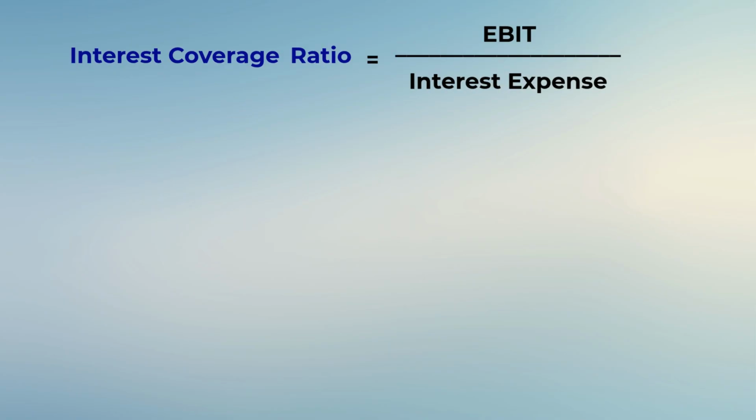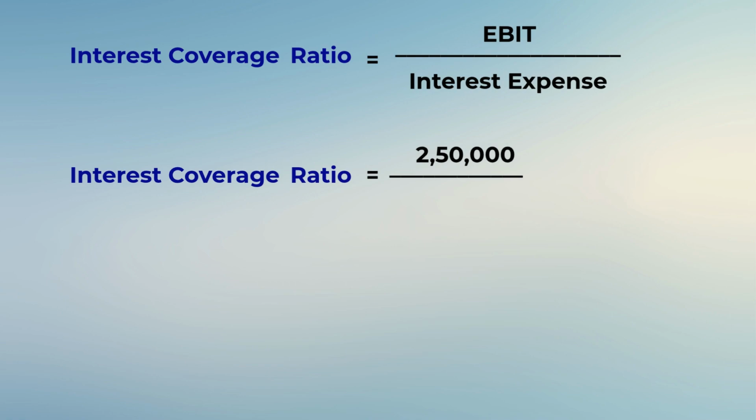Therefore, in our example, the interest coverage ratio will be 2,50,000 divided by 50,000, which is equal to 5 times. This means the company earns 5 times its interest expense, which means the company has a strong ability to meet the loan obligations. The next financial statement is balance sheet.